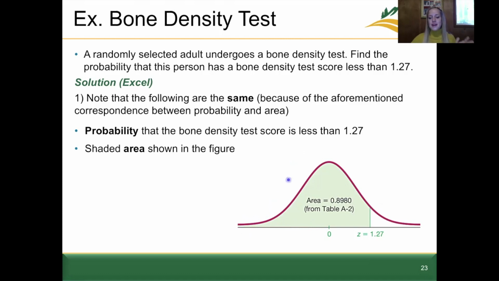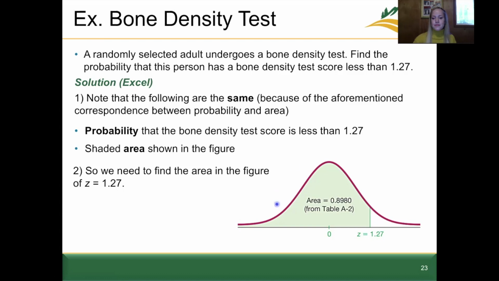So if we find the area under the curve up to a z-score of 1.27, then we'll have our probability value. As mentioned, we need to find the area in this figure where z is equal to 1.27, cumulative to the left. We're always going to be talking in terms of cumulative to the left.